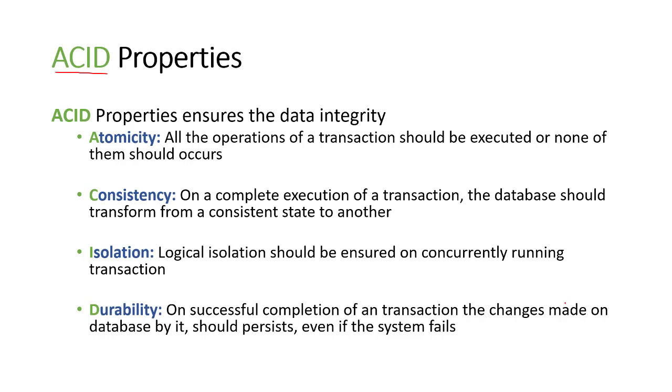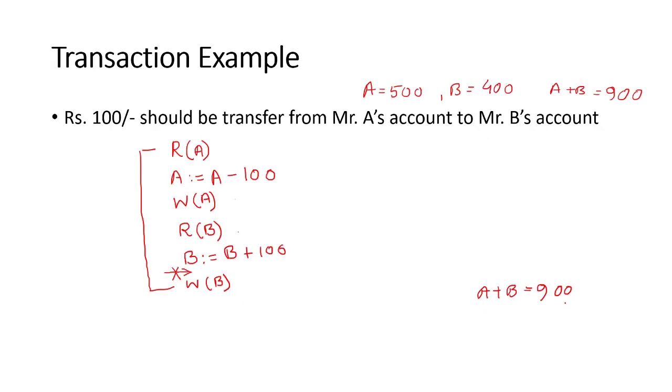Now, if there is no durability after the transaction, suppose in this case the amount in A's account is 400 and the amount in B's account is 500. Now, suppose the bank system crashed.